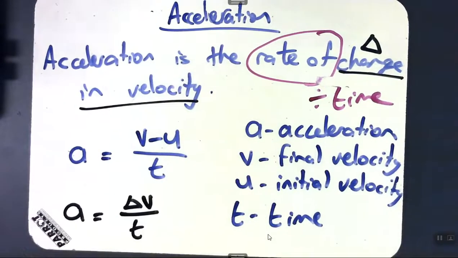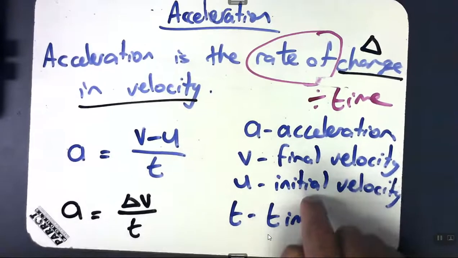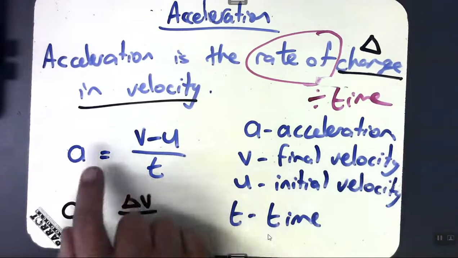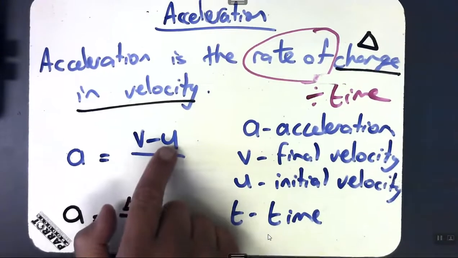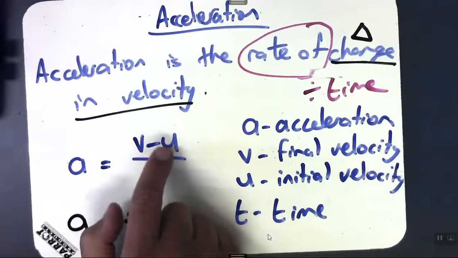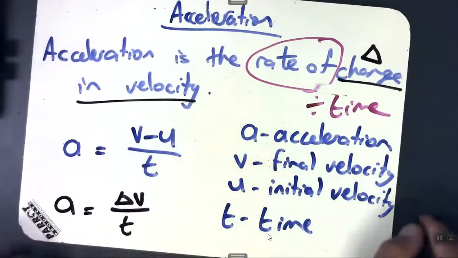The change in velocity is when my car goes faster or when my car goes slower. When I go faster, my final velocity is not the same as my initial velocity, it's bigger, and I calculate the biggest one minus the smallest one, the final minus the initial, over the time.